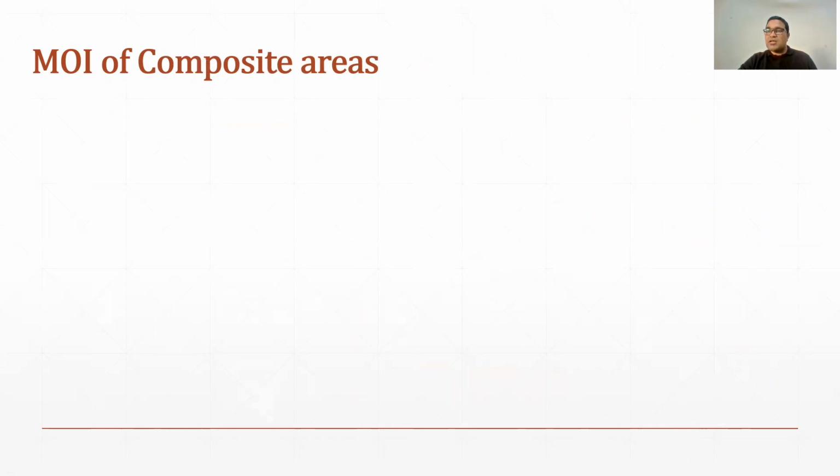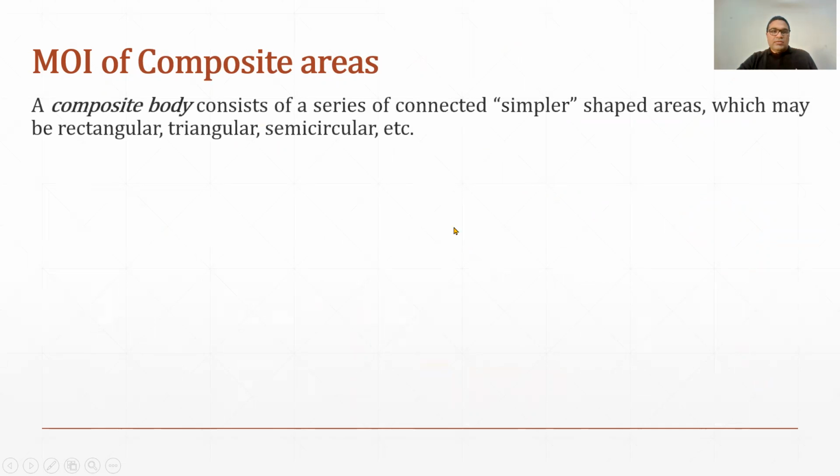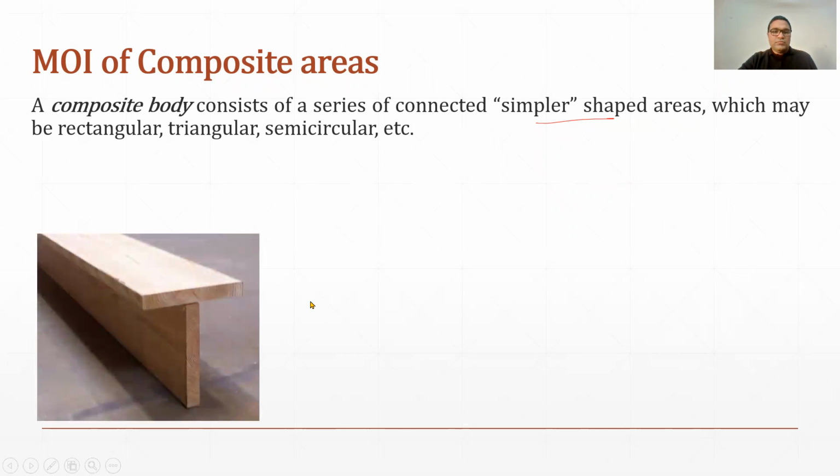Although I have already explained composite area in the previous lecture while calculating the centroid, a composite area is basically a series of connected simpler shaped areas. Composite areas can comprise a semicircular area, rectangular area, square area, or circular area, as I showed you earlier.